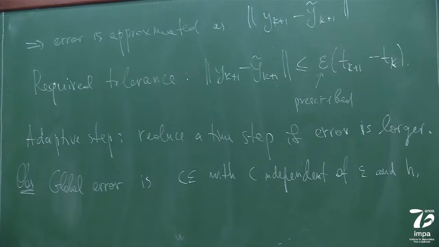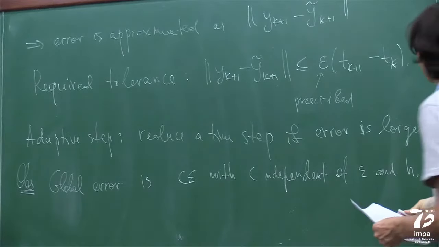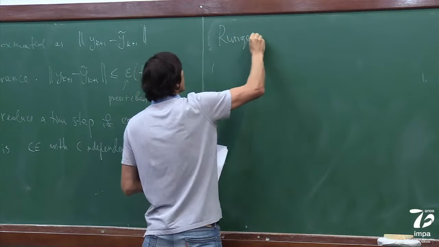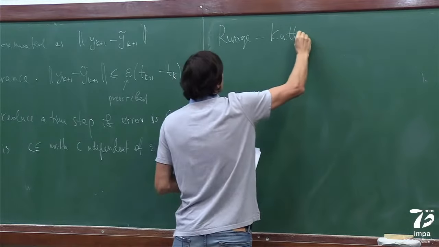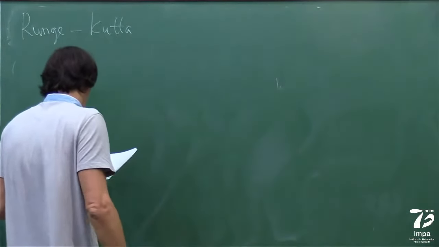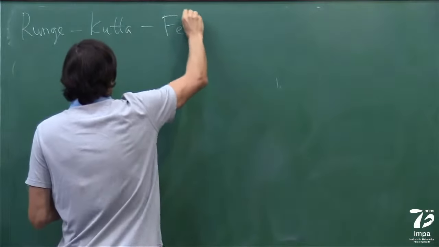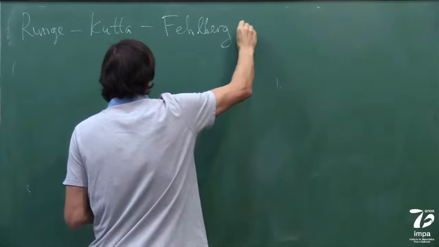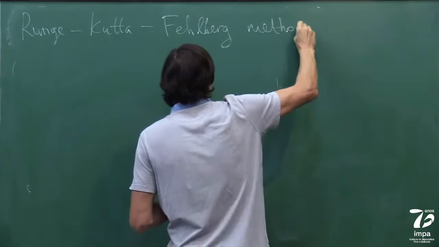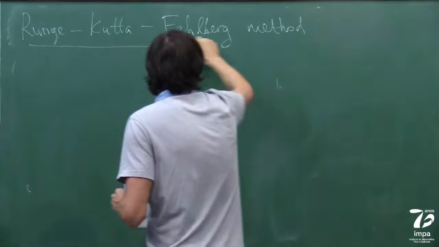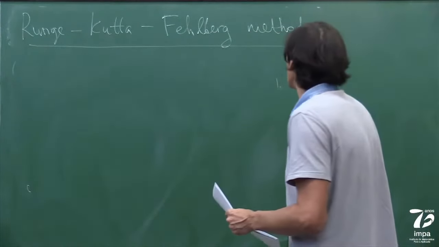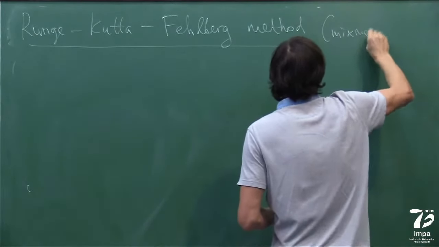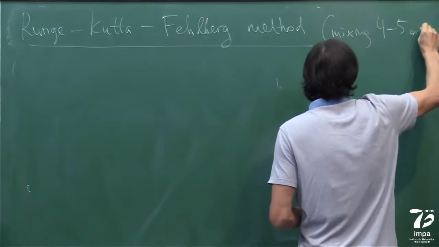So this scheme can be implemented in Runge-Kutta. It is what is called Runge-Kutta-Fehlberg. Essentially, it's Runge-Kutta mixing fourth to fifth orders.